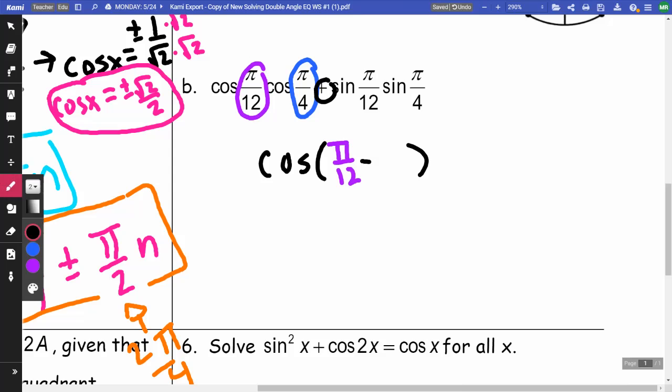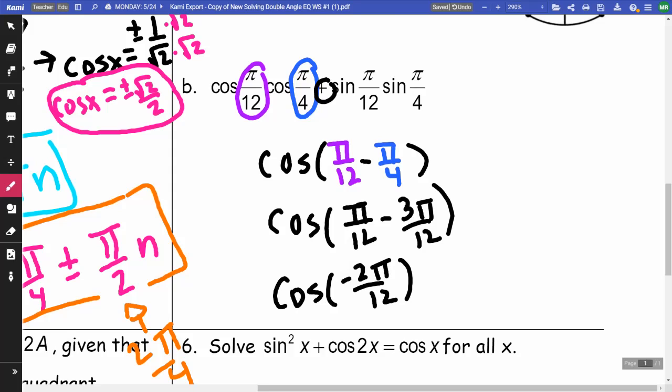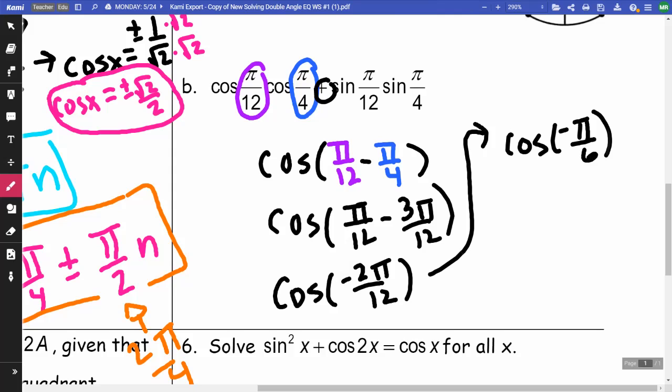And it's going to be minus pi fourths. These are the same. And now let me just do that math. So that is going to be cosine of pi 12ths minus 3 pi 12ths. So that's going to be cosine of negative 2 pi 12ths. So that's going to be cosine of negative pi 6.